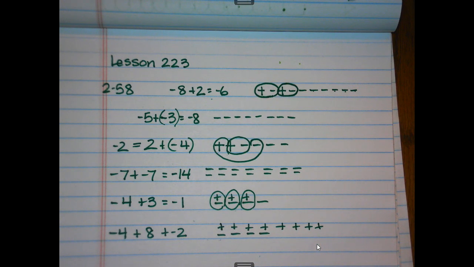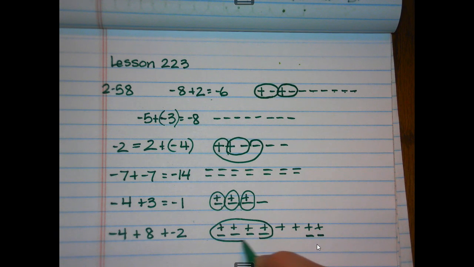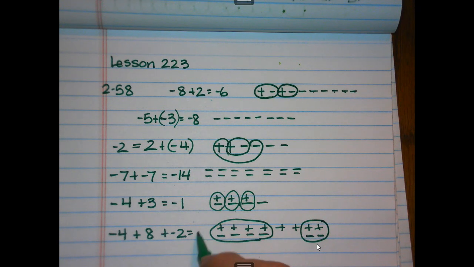And then we have 2 more negatives to put in here. I'm going to put them over here so we can see that I had 3 different groups of numbers that I added. You can do them however it makes sense to you when you get to the situation where you're drawing. I can circle all of these because those all make a 0, because there's the same number of positives and negatives. Circle all those. And I end up with +2.